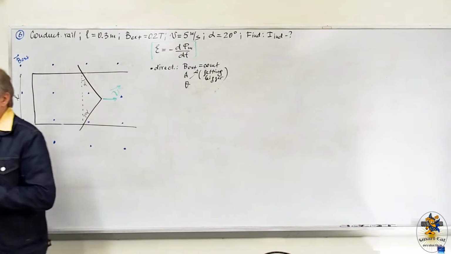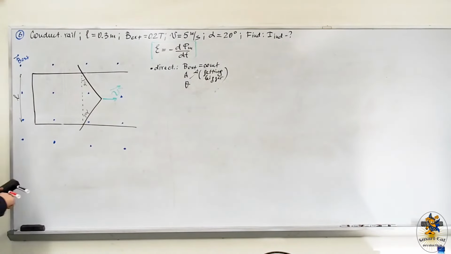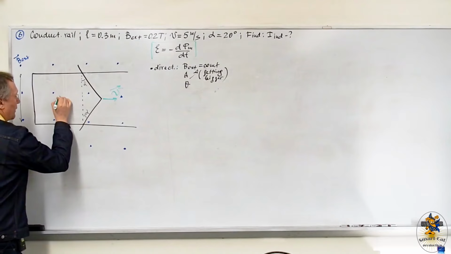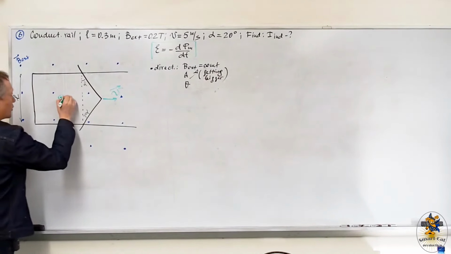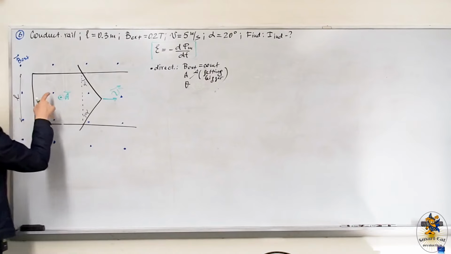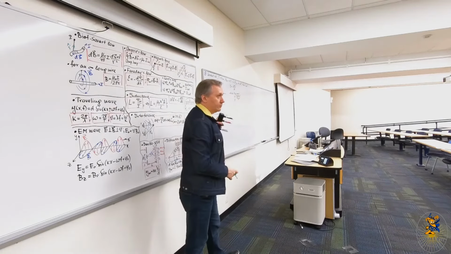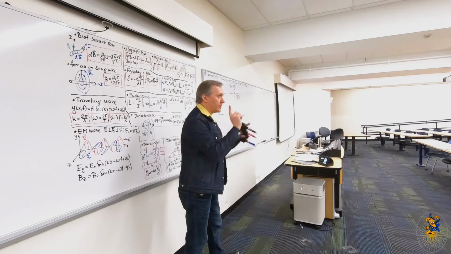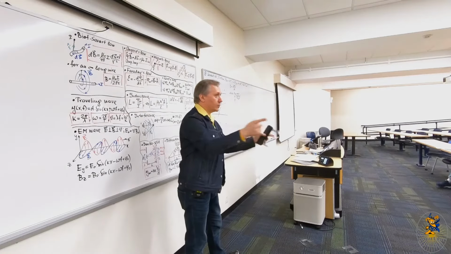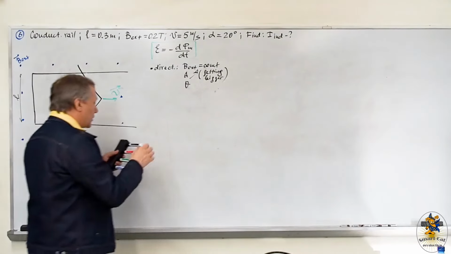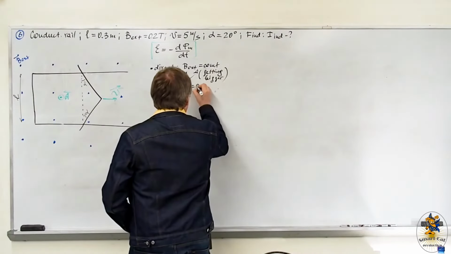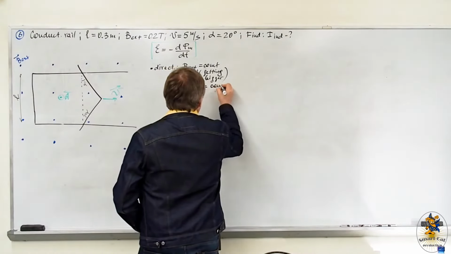Then the angle. It's up to us, since we have the freedom to choose any direction for the area vector. I usually pick it in the direction of the external magnetic field, towards you. In that case, area towards you, magnetic field towards you, the angle is 0, which is constant.